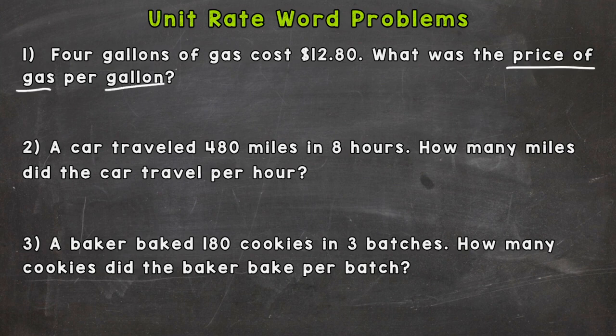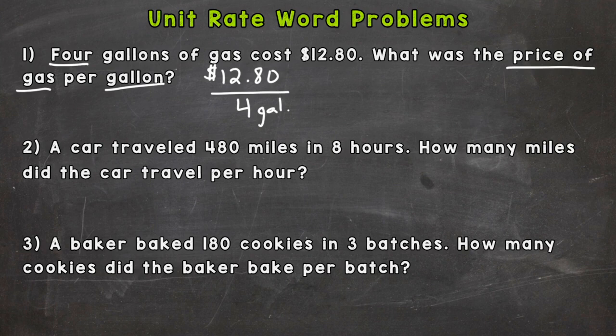So price of gas needs to come first in your fractional ratio. So that's $12.80. So that's going to be our numerator. Our denominator is going to be the gallons of gas, which there are 4.